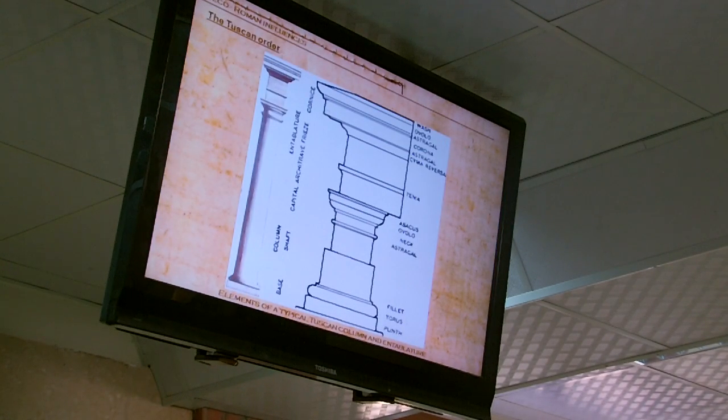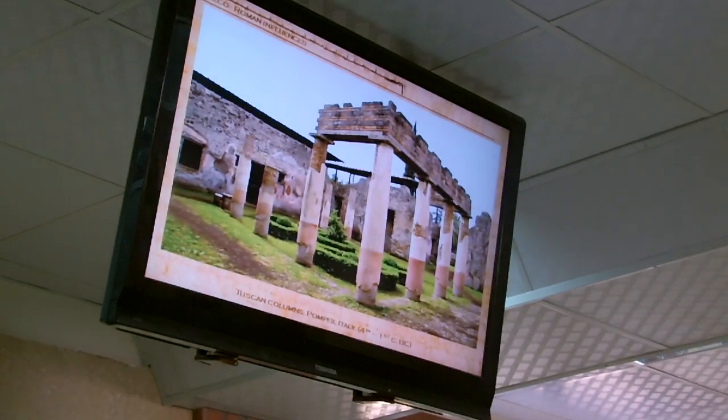The Tuscan order is a Roman development and it's much similar to the Doric one, but has a smooth, unfluted shaft. And this is an example of the Tuscan order in Pompeii.